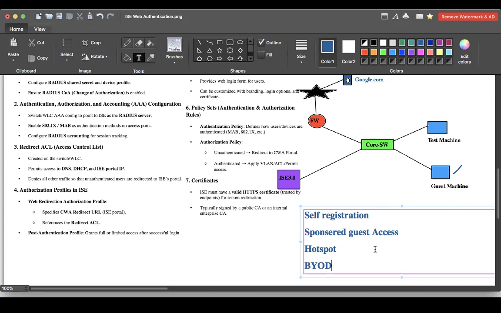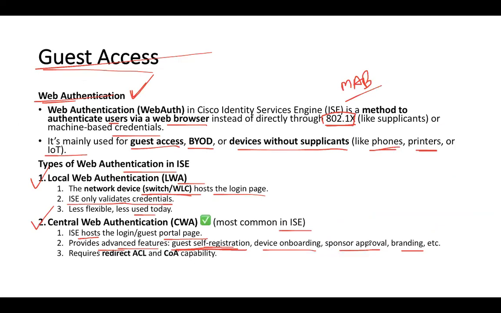You also have sponsor approval, which we have discussed. You have guest self-registered and sponsored, meaning you create the account and then that account goes to the sponsor, who approves it. What is sponsor approval? Let's say a particular guest wants to visit a company. A week or four days before, they send their details to the company or sponsor.